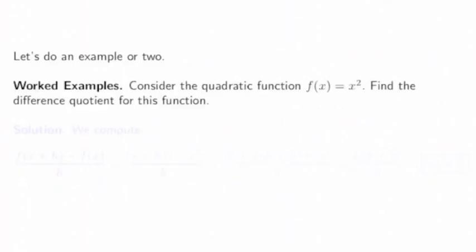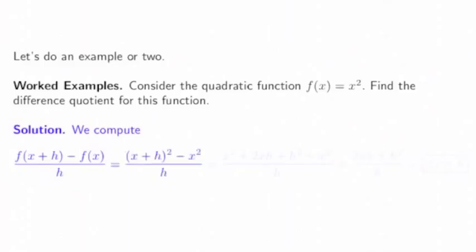Let's consider the quadratic function f of x is x squared and find the difference quotient for this function. So we compute that fraction, f of x plus h minus f of x over h. It's a slope. In this problem, f of x is x squared. So f of x plus h is the quantity x plus h all squared. And f of x is just x squared.